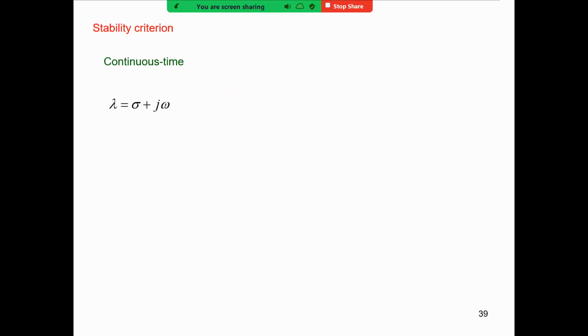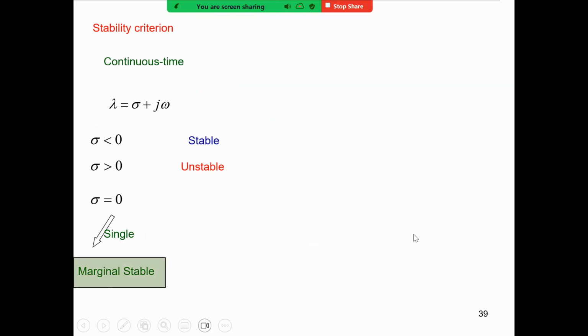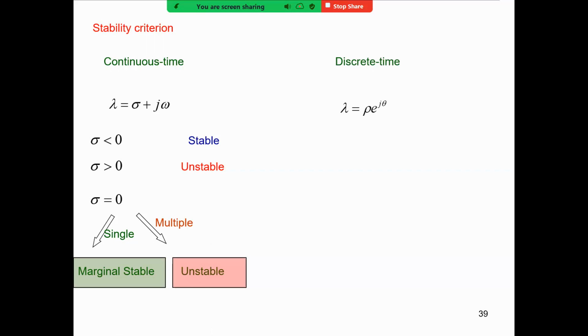For continuous time, you look at the real part and imaginary part. If the real part is negative, no question, stable. If it's positive, unstable. If it is 0, you have to be careful. If it's a single pole, marginally stable. If it's a multiple pole, which means a repeated pole, it is unstable. Similarly, for the discrete time, you no longer look at whether it is positive or negative.